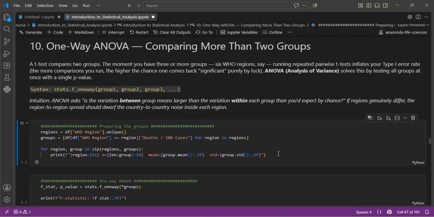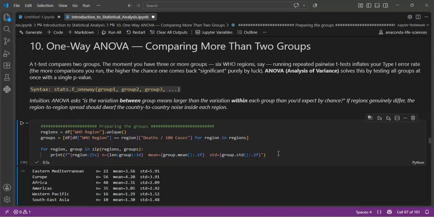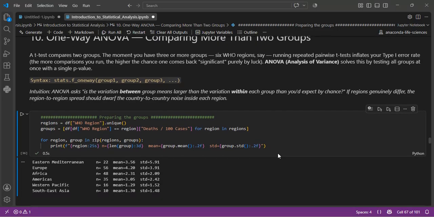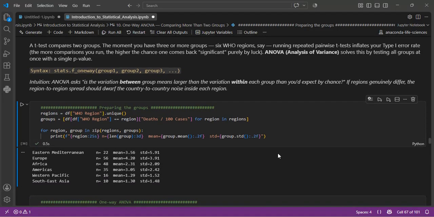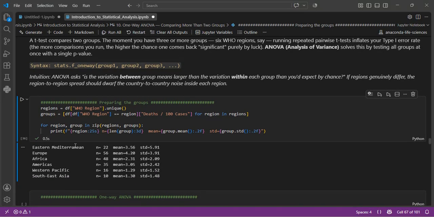So let me run it so that we get to see how the data presentation will look. Here you have the Eastern Mediterranean, and the number of countries there is 22. I mean, the number of death cases that belong to the Eastern Mediterranean countries.